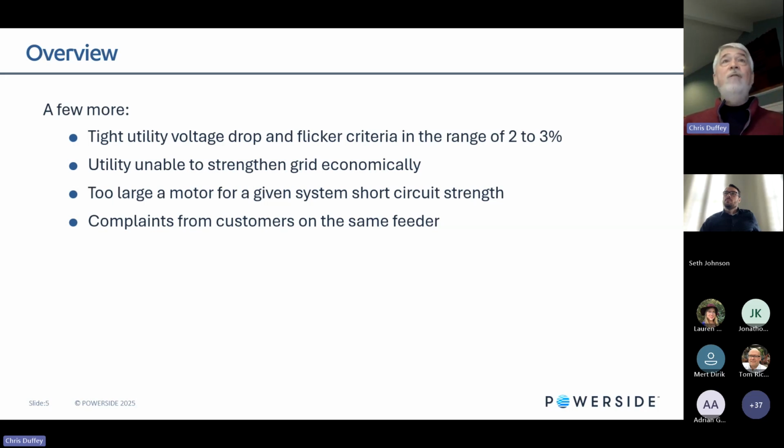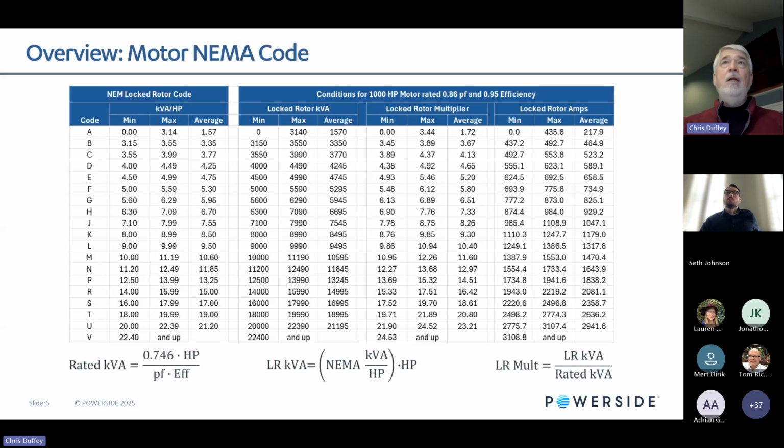Too large a motor for a given system short circuit strength, and I think that's also going to play out today at the end when we talk about VAR compensation. Complaints from customers on the same feeder, and we could just keep going on with this list. But basically, those are the kinds of things that are going to lead us into addressing an issue that we have.